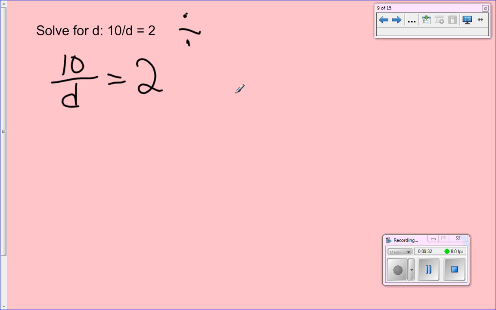So in this case, if I'm going to use a visual strategy, I know that I am ending at 10. That's my end point of my number line. And I have to figure out if I want to break it into 2 pieces, how big are those pieces?